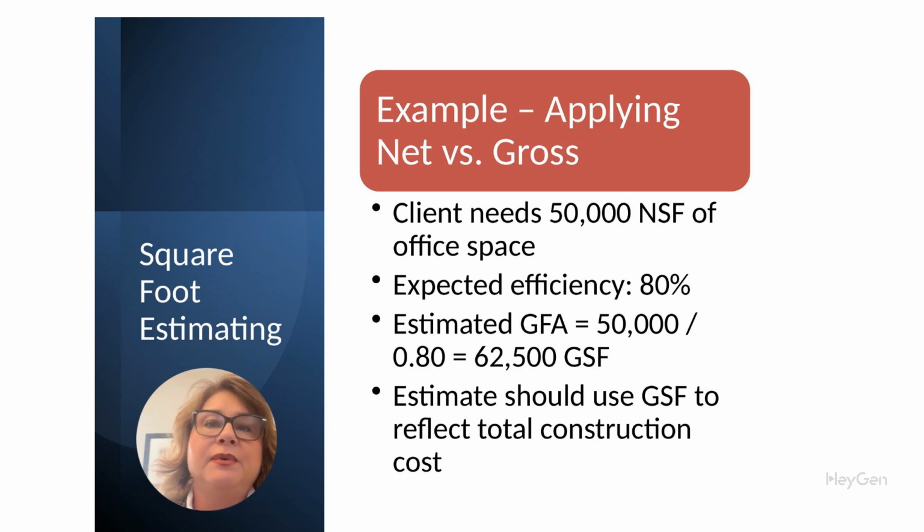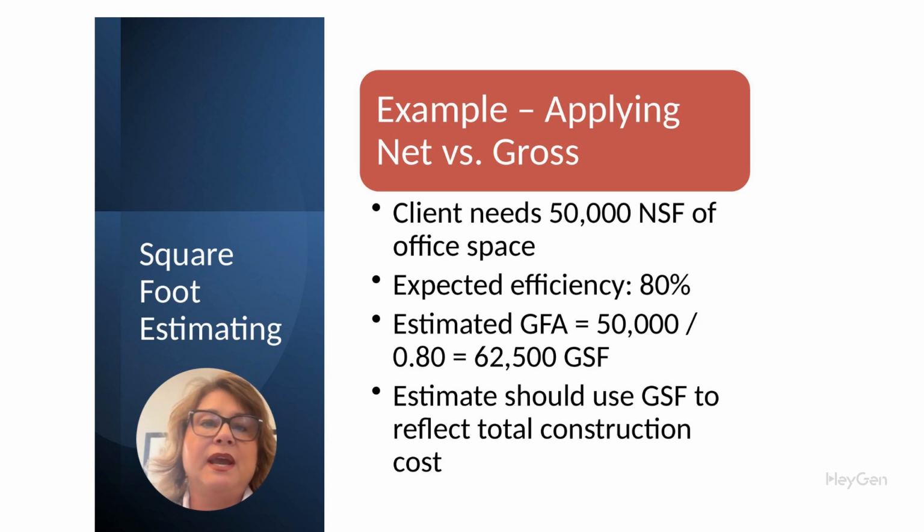Let's go through a simple example that shows how net and gross floor area are connected and why this matters in estimating. Imagine a client says, I need 50,000 net square feet of usable office space. That 50,000 represents net floor area, often abbreviated NSF.